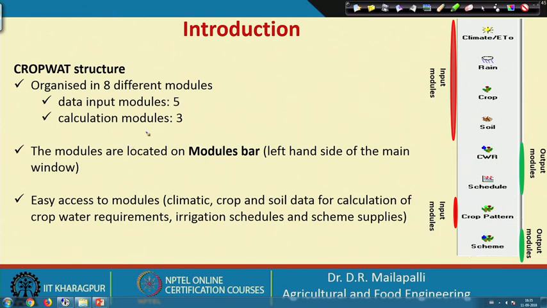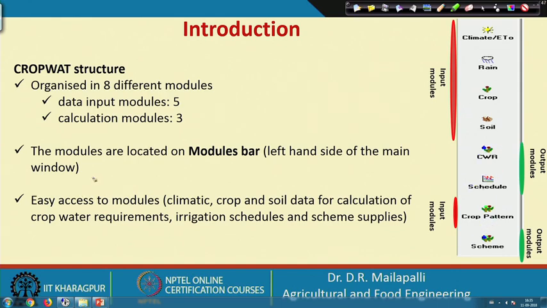So, it is organized in 8 different modules. There are 5 data input modules and 3 calculation modules. The 5 data input modules are 1, 2, 3, 4 and 5, and the 3 calculation modules are crop water requirement, schedules and schemes.